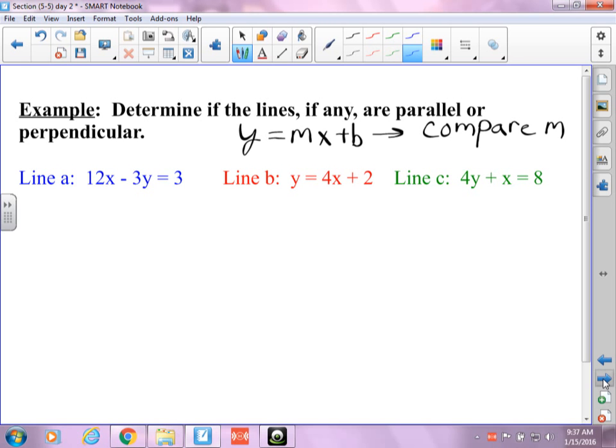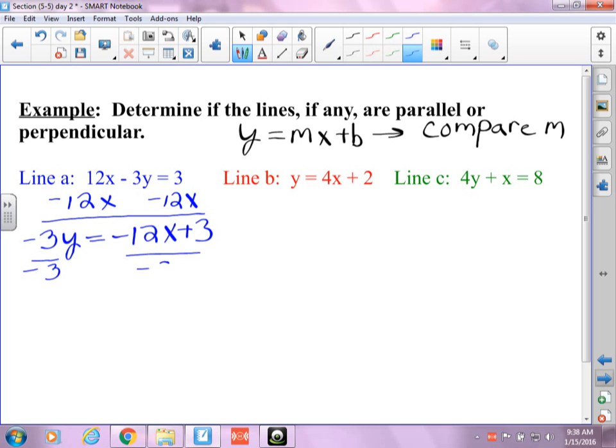No, what do I do first? Yep, I'm going to subtract 12x. So I get what left over? -3y, not just 3y, equals -12x plus 3. And then we divide by our -3.